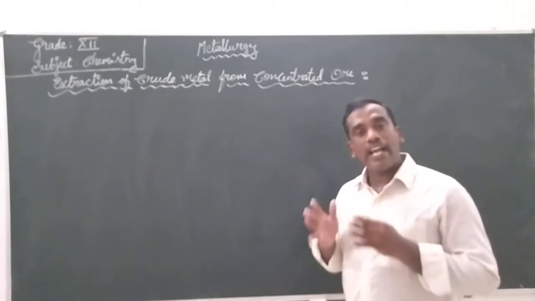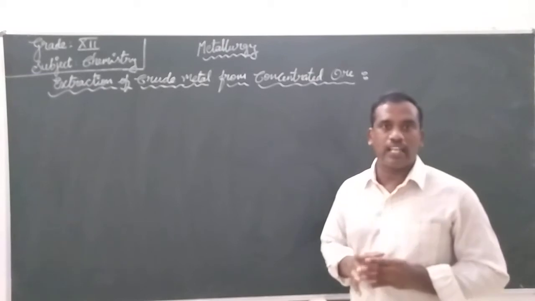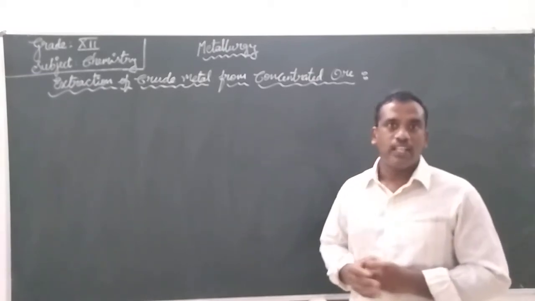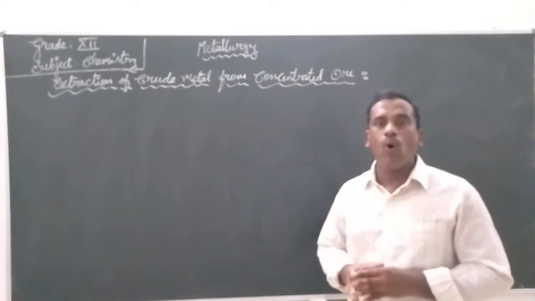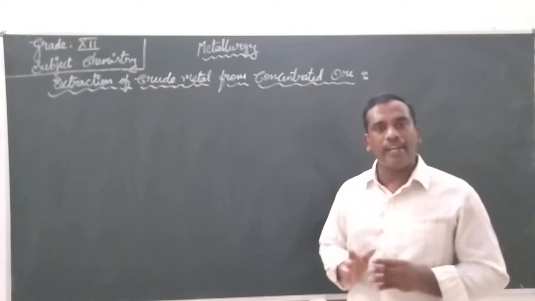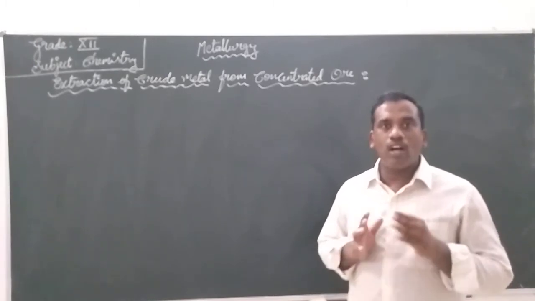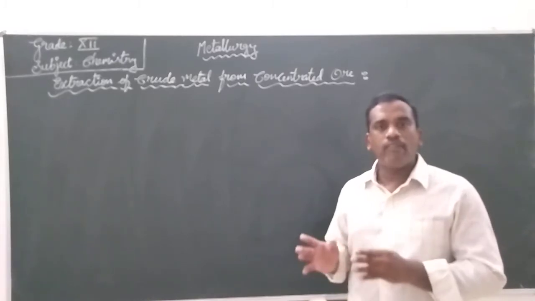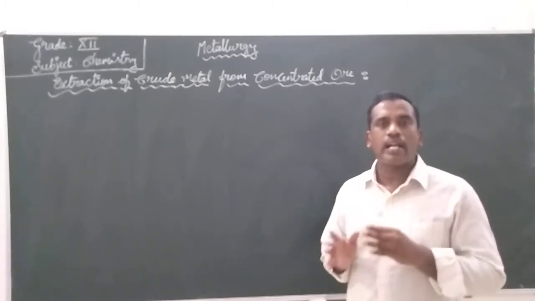It means we have removed the gangue particles, which is done through the concentration process, and there we got some ore. Most of the ores of metals do not occur in their native state. They occur in a combined form.